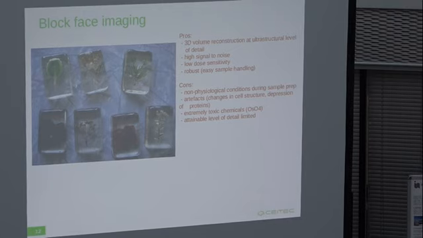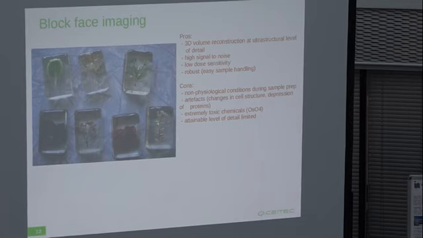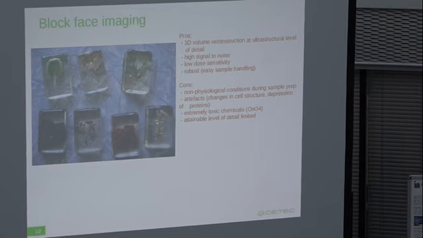The major advantage of this approach is that it is fairly sensitive, and the sample preparation protocol is fairly robust, and you will get a 3D representation of your object of interest.